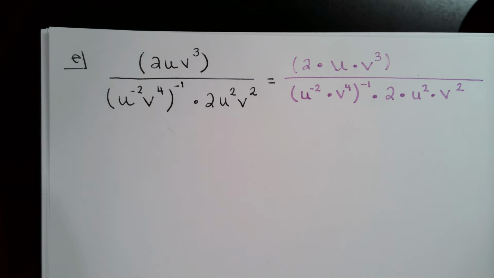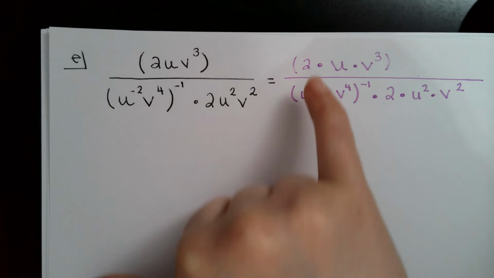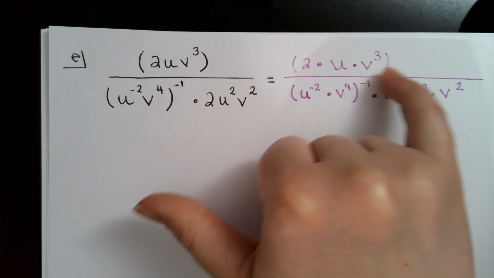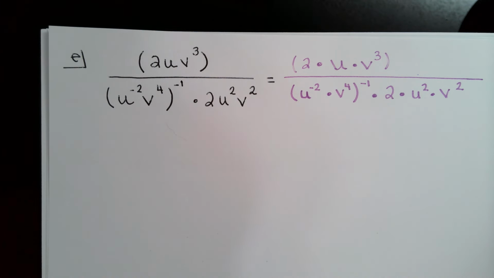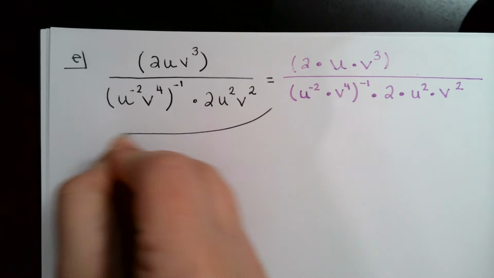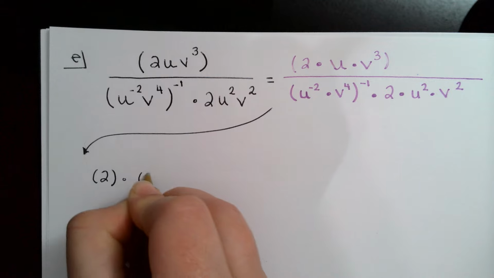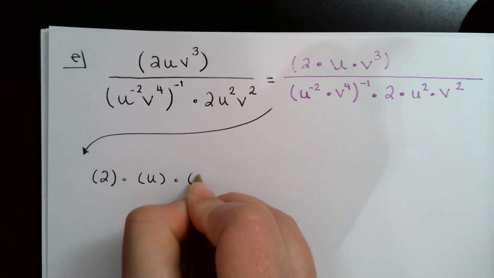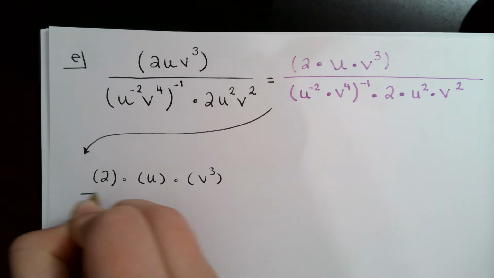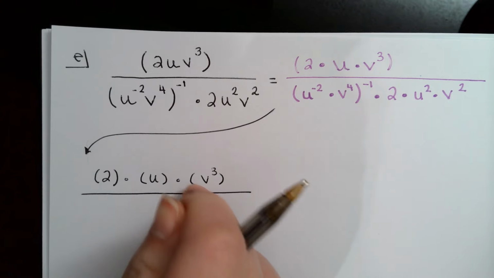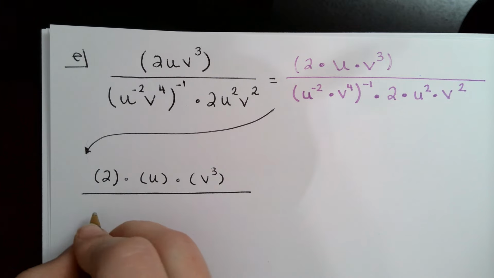Next, anything with a bubble gets a bubble. Now notice this 2, u, and v, there is no exponent on the outside of that parentheses. So yes, we're still going to give it parentheses around everything, but there is no exponent. So please don't put any exponents on your numerator. So 2, u, v. Again, no exponent extra, just v has the cubed.